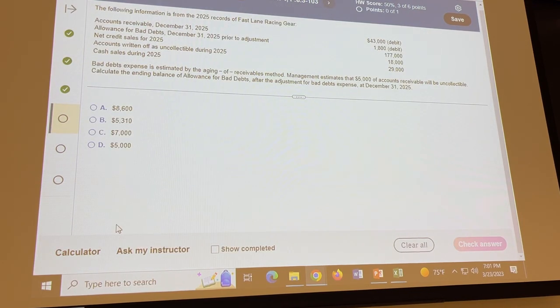Okay, they give us a lot of information here on a company's debt and their allowance for bad debts, etc. And then at the bottom it says bad debts expenses estimated by the aging of receivables method. Management estimates that $5,000 of accounts receivable will be uncollectible. Calculate the ending balance of allowance for bad debts after the adjustment for bad debts expense at December 31st, 2025.